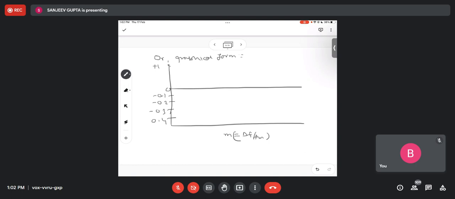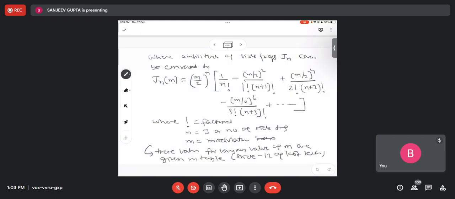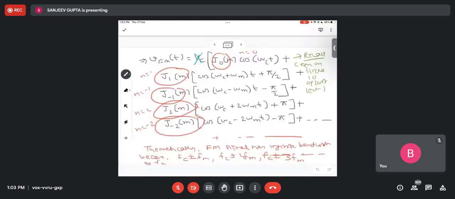So if I take J0M, it will be something like this, going on decreasing in amplitude. This corresponds to J0M, that is n equal to 0, which is my carrier. The carrier frequency has the amplitude J0, as you have seen in this equation.